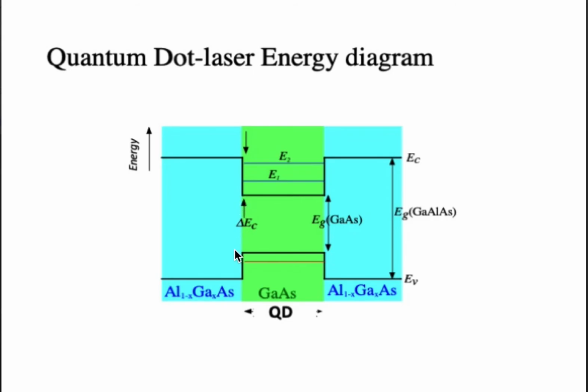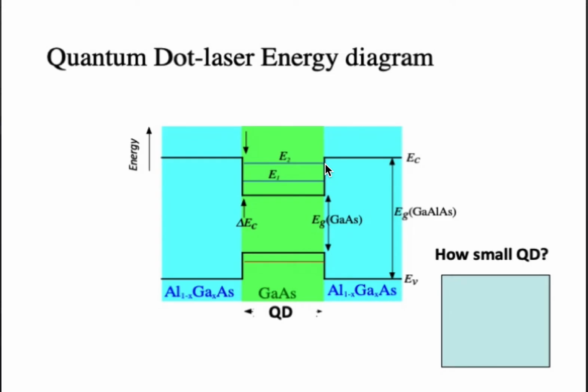There is also an offset in the valence band. So electrons inside the quantum dot are confined by the potential of the conduction band, while holes in the quantum dot are confined by the potential of the valence band edges. We get discrete levels E1 and E2 in the quantum dot.